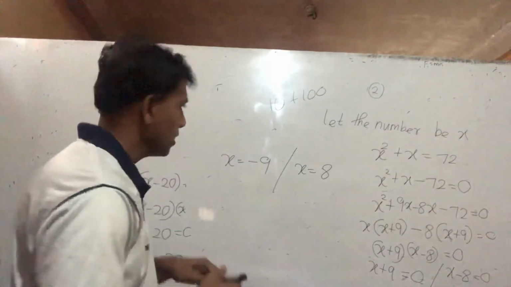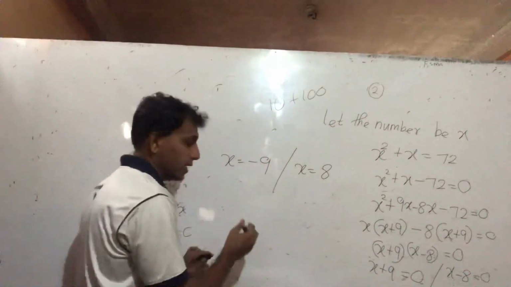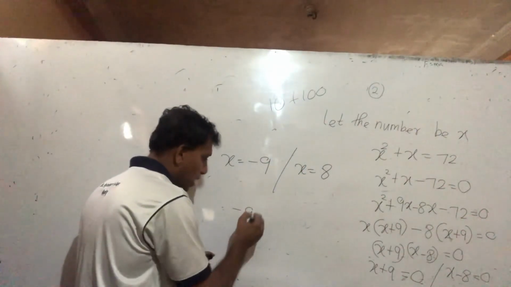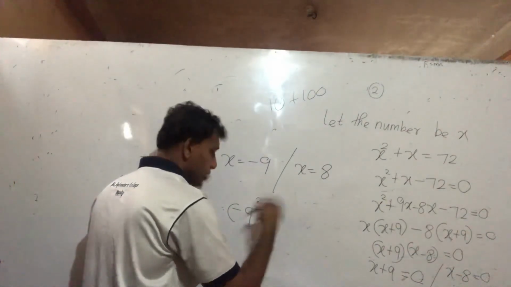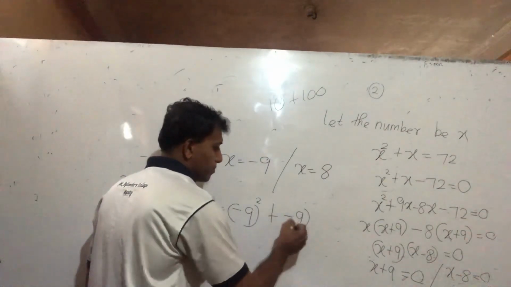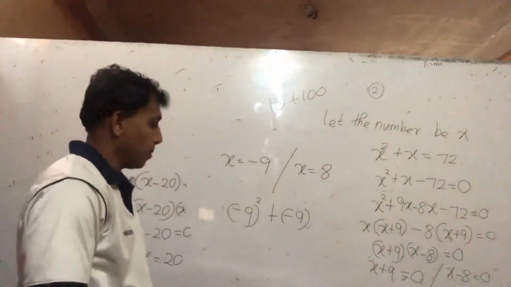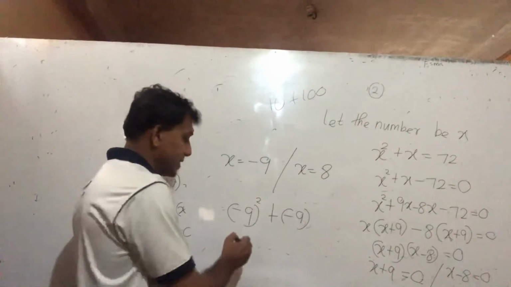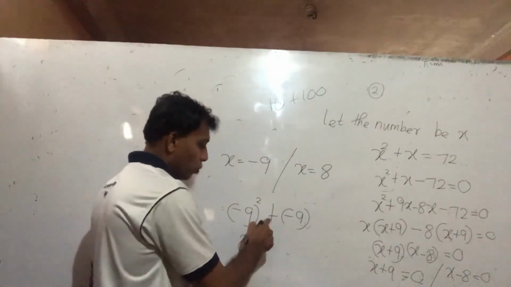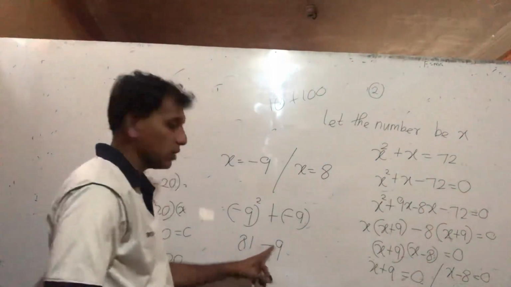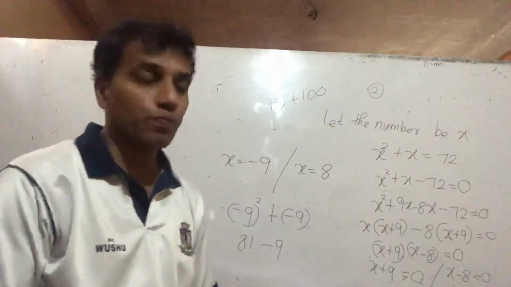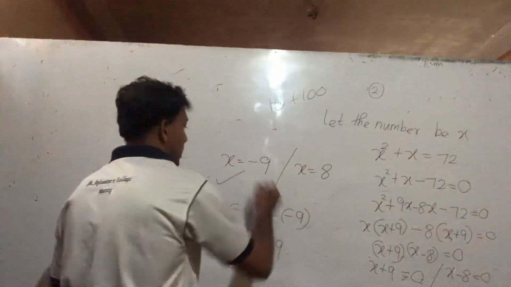You can check. If x is minus 9, minus 9 squared, add that number, minus 9. See what the answer is. Minus 9 squared is 81. Here plus and minus, therefore minus 9. What is 81 minus 9? 72. Therefore x equal to minus 9 works.